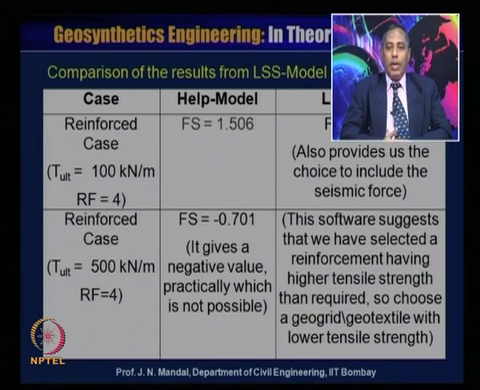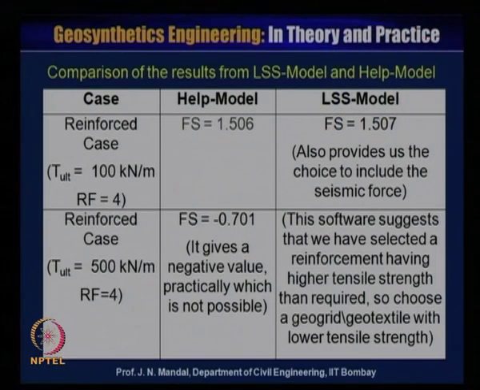But in the case of the LSS model, the software suggests that we have selected a reinforcement having higher tensile strength than required, so choose a geogrid or geotextile with lower tensile strength. So, there is an option to select the proper kind of reinforcement, for which the LSS model will give the response, but the HELP model does not.